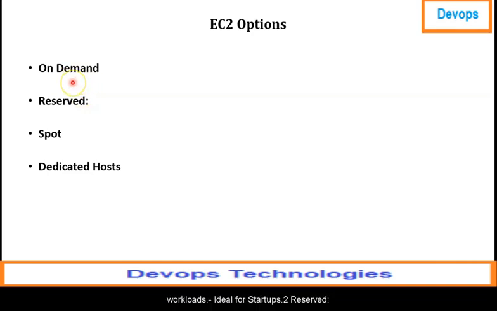This option is also ideal for startups. Second option is reserved, meaning capacity reservation based on baselining, and hence a significant discount on the hourly charge for an instance, with 1-year or 3-year terms. This option may be used for steady and predictable usage applications requiring reserved capacity.